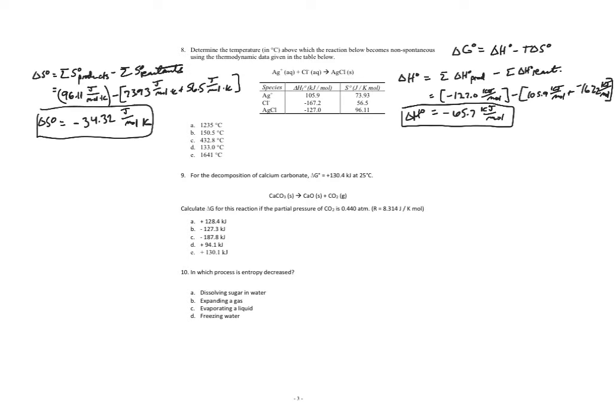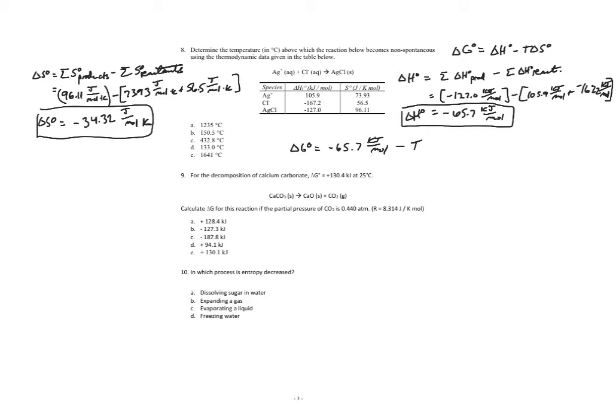Okay, so now that I have delta H and delta S, I can plug it into our delta G equation, which is delta H, which is in kilojoules per mole, minus T delta S. All right, so we're looking for a temperature at which this reaction becomes non-spontaneous.